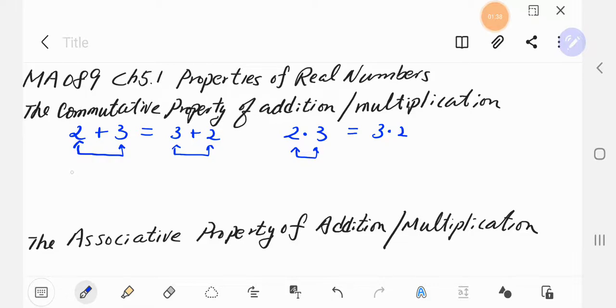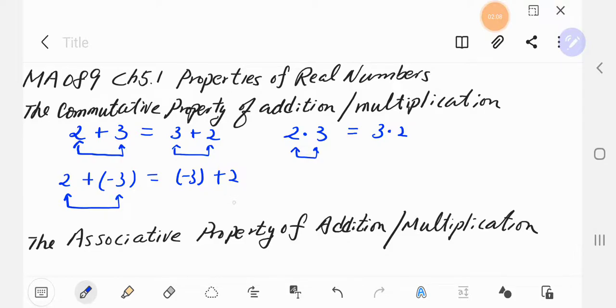How about negative numbers? You have 2 plus negative 3. 2 plus negative 3 is negative 1, right? But you can switch these two numbers, negative 3 plus 2.